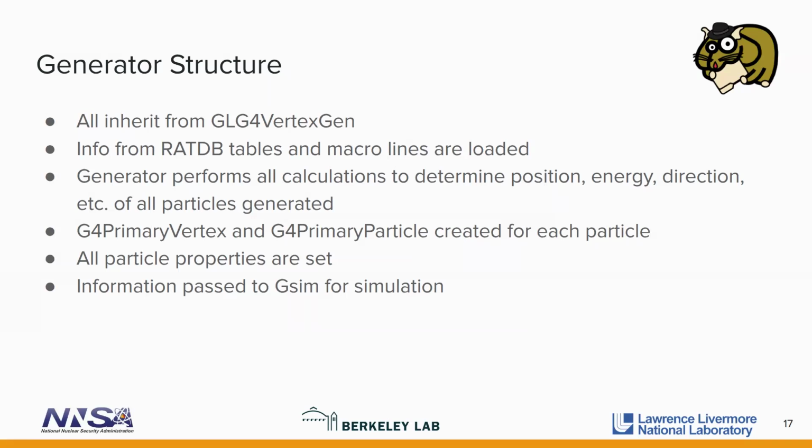The generator will take that all in and perform whatever calculations you want to determine the position, energy, direction, or whatever of all of the particles that it's going to generate, even more than one in coincidence with each other. The ambient generator will generate neutrons and gammas, for example, and it'll create vertices and particle objects for each particle, set all the properties, and then pass that information to GSIM so that it can be simulated.